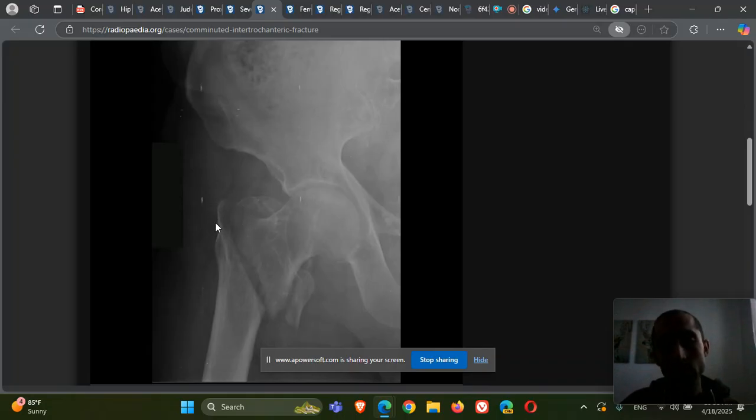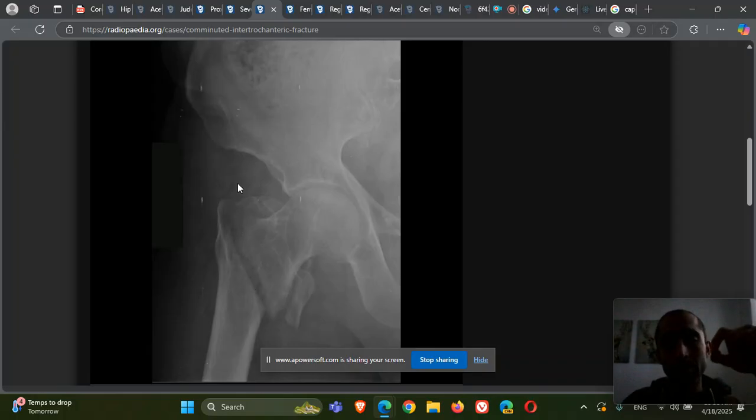When you see isolated greater trochanteric fractures, note that this is called the tip of the iceberg, because usually greater trochanteric fractures come with more extensive intertrochanteric fractures. Sometimes you will see just the greater trochanteric fracture without all the other fracture on radiographs, and then you should do CT, or MRI, which is more sensitive, to see the whole fracture itself.